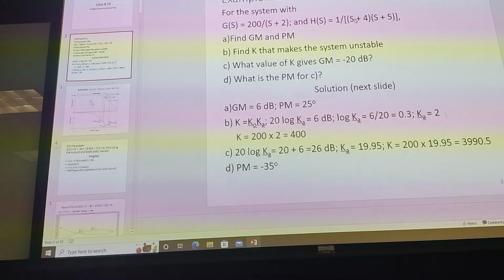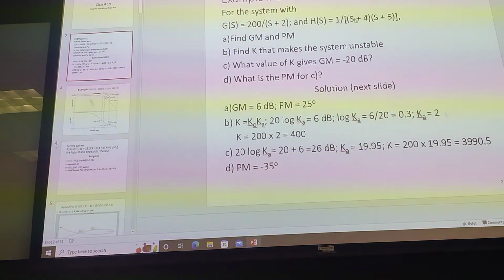And then, according to our graph, which is a logarithmic graph, we know that 20 log of Ka has to be 6 dB, or Ka has to be 2, according to the elementary mathematics that we know.